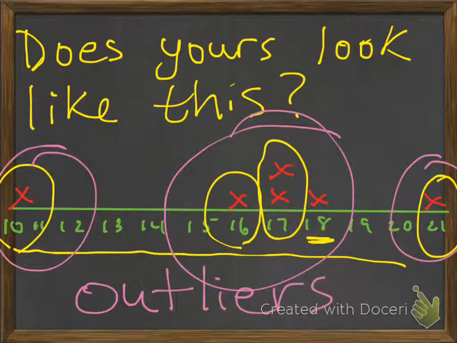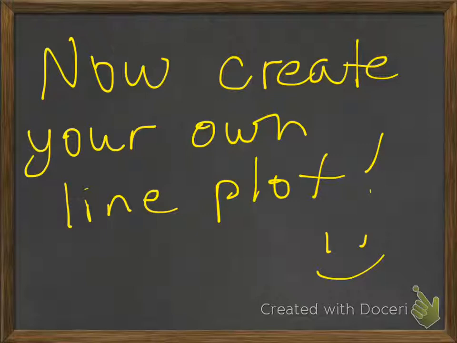That means they lie way outside where most of the data is. 10 is way smaller than the big group, and 21 is a bit higher than the others, but not that far away. 10 is the one that sticks out almost like a sore thumb, just by itself. That's our outlier. So that is how you do a line plot. Now create your own line plot and show us what it looks like. Good luck.